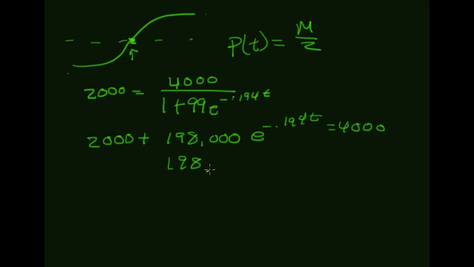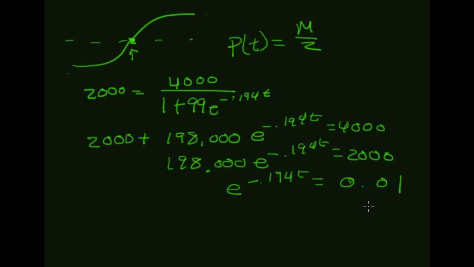So 198,000 e to the negative 0.194t is 2,000. Oh, that's nice, right? e to the negative 0.194t is 0.01.